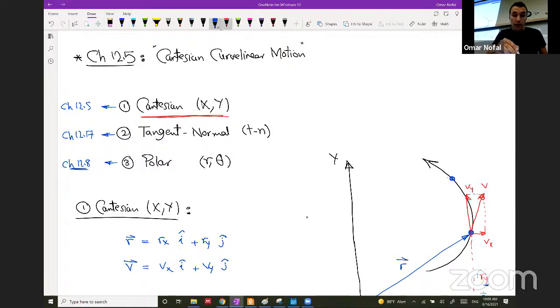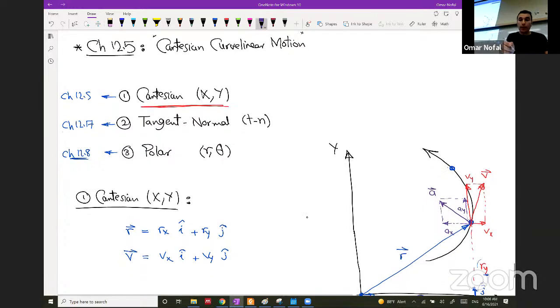And let's look at the other component, which is the acceleration. Let's assume the acceleration is in this direction. So this is a, the acceleration vector. The x component of a is like this, and the y component of a is like this. So this is ax and this is ay.